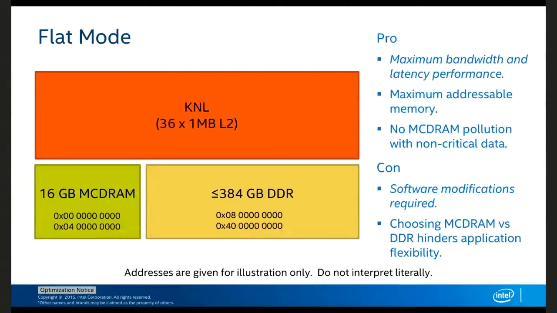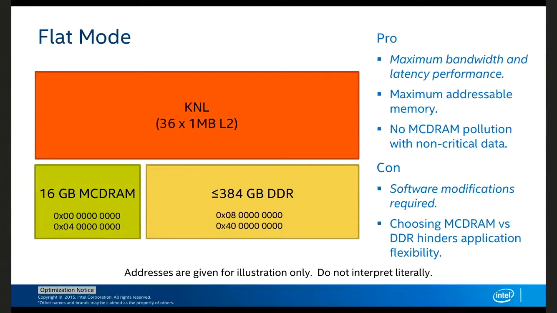So I assume everybody's familiar with Knight's Landing, aka Intel Xeon Phi 7200 series. I'm going to use these simple pictures to talk about the memory modes and then programming it, and then we'll see the performance, which is where things get interesting.